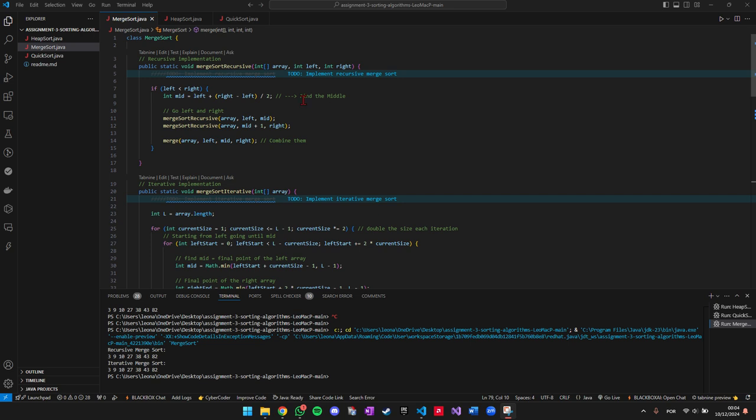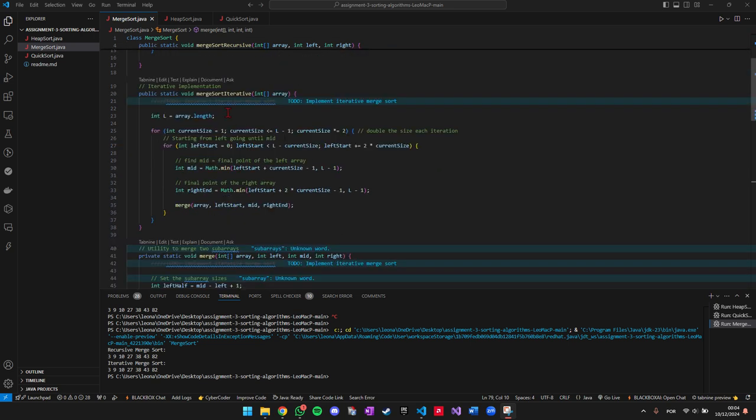So finding the mid index position, and then splitting the array in two, and recursively calling the function again to separate the left and right subarrays to search for what we are looking for, and then combine them back. And for the iterative one, it was about doubling the size of the array by iteration.